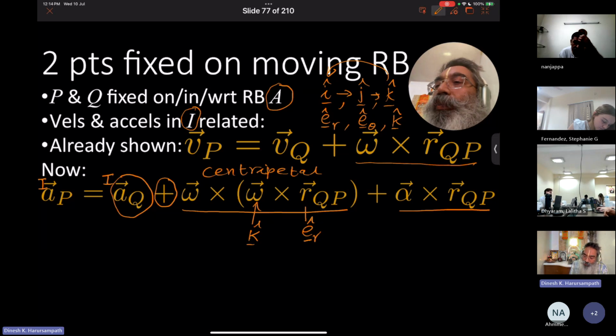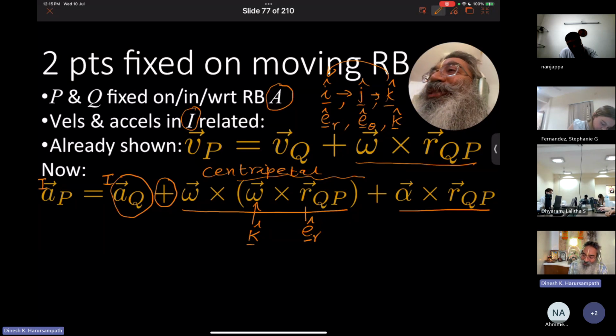So now you see that the cross product that we are having within the brackets over here, this particular bracket, is nothing but K hat crossed with ER hat.